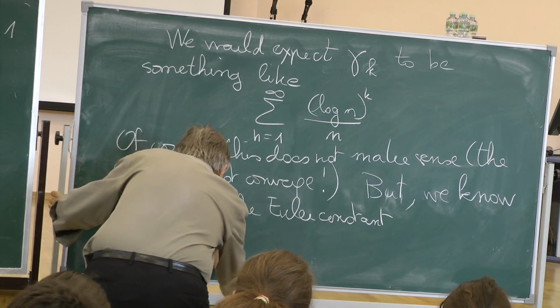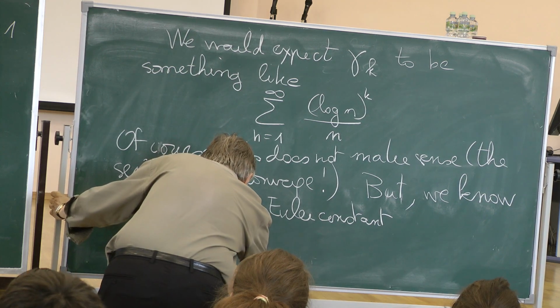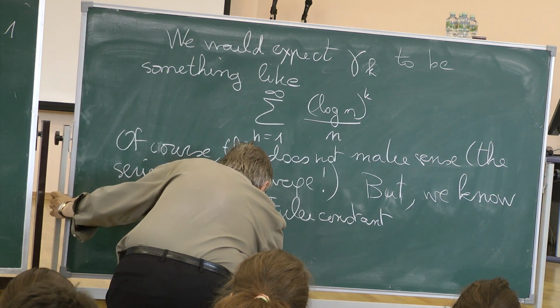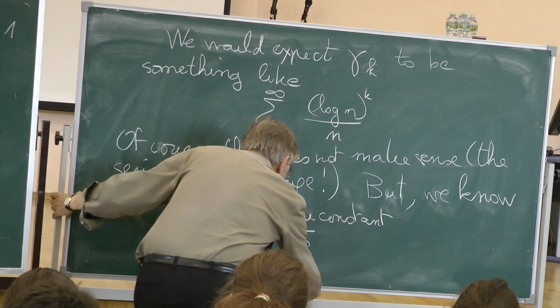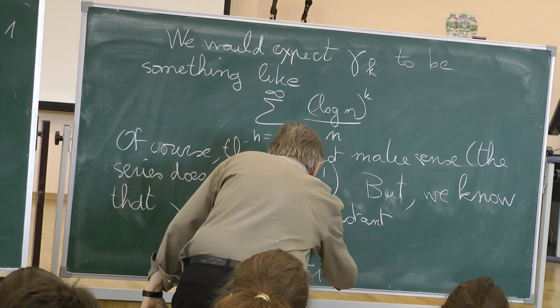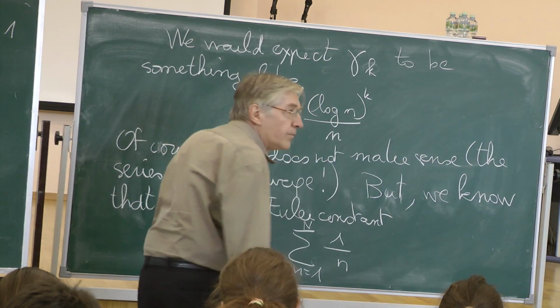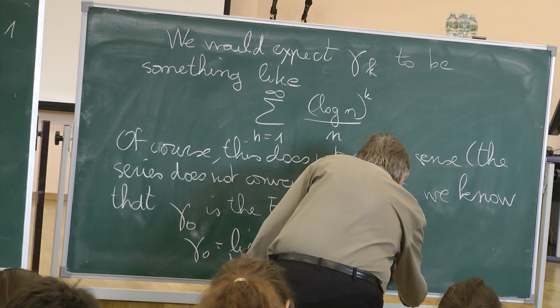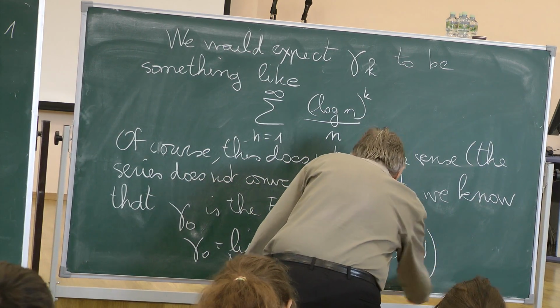Namely, gamma 0 is the limit when capital N goes to infinity of the sum from 1 to capital N of 1 over n, where you remove log of capital N.